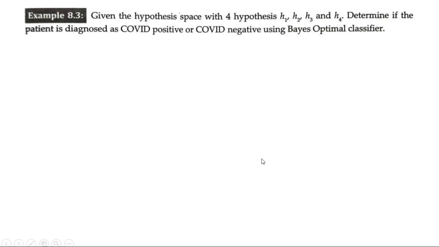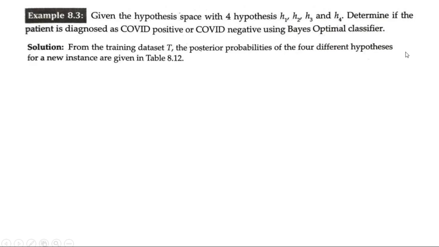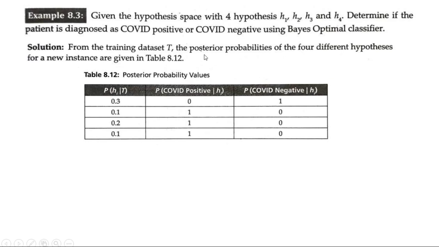Let's see a problem to get a better idea. Suppose I have a hypothesis space with four hypotheses H1, H2, H3, H4. We have to determine whether the patient is diagnosed as COVID positive or negative using the Bayes optimal classifier. From the training data set, the posterior probabilities are already given for all four hypotheses.